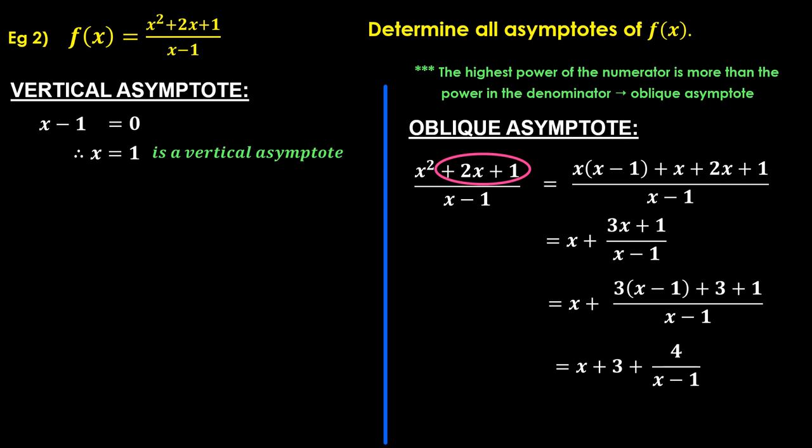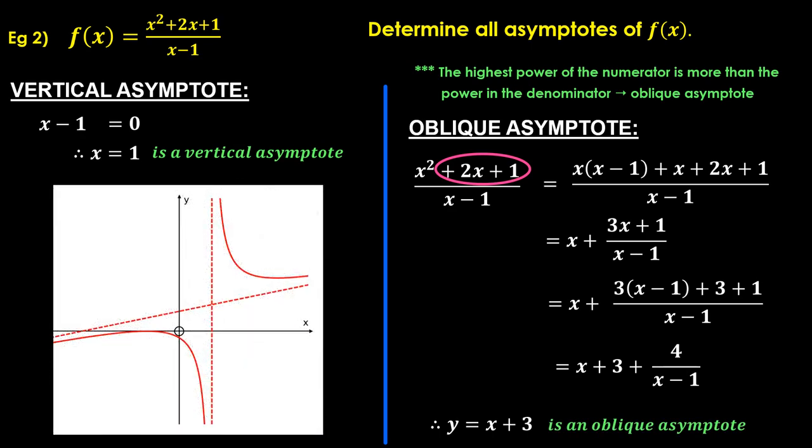You can't resolve that fraction any further, so your oblique asymptote is y = x + 3. And with some further calculations, calculating the x-intercepts, the y-intercepts, and the stationary points or turning points, you will have a graph that looks something like that.